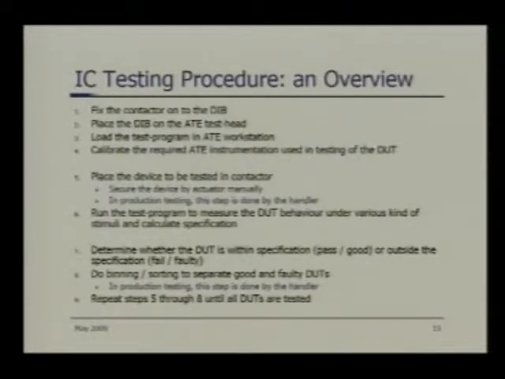So there is no manual actuator in case of production testing. The handler is doing it for you, basically the mechanical handler which is doing the automation of the sorting of the devices.